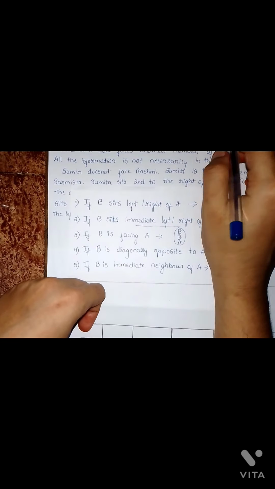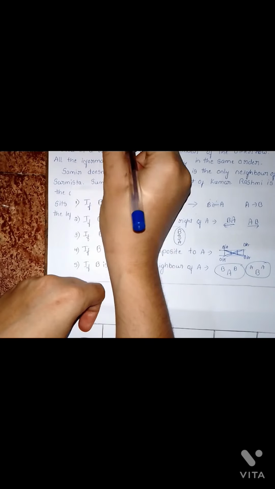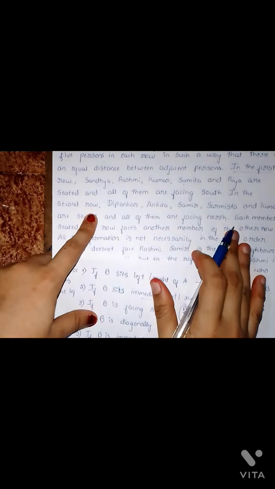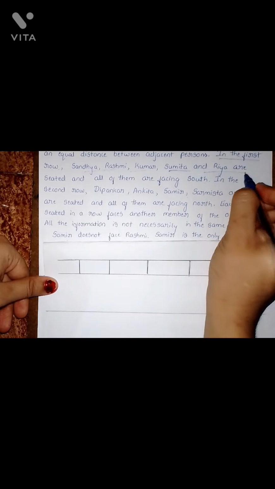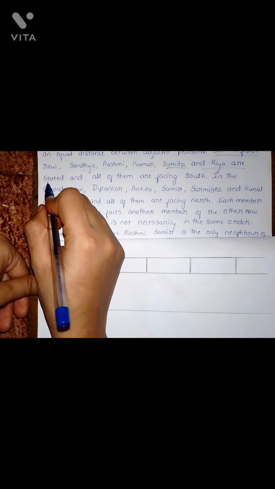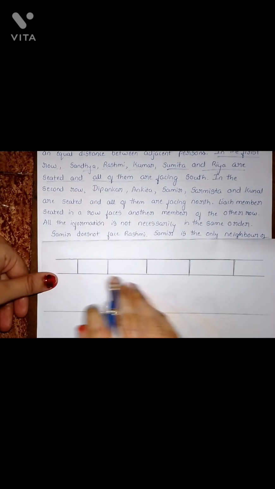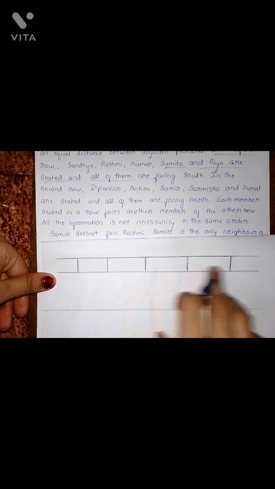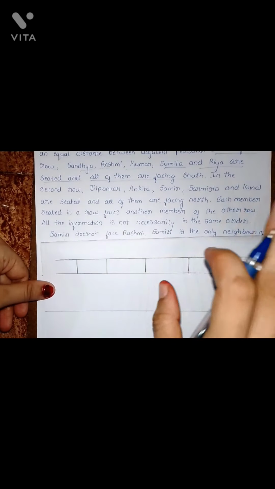And then what they are going to tell: in the first row, Sandhya, Rashmi, Kumar, Sumita and Riya are seated, and all of them are facing south. That means here the two rows are there. In the first row they are all facing south.